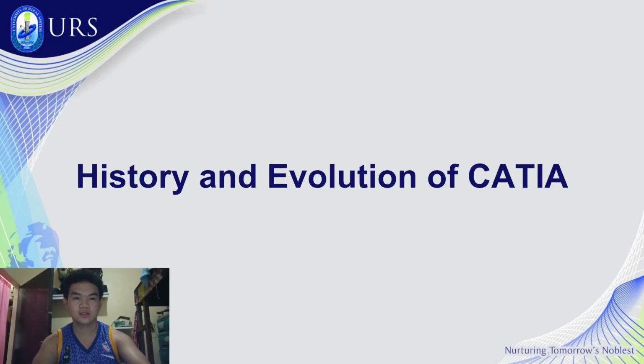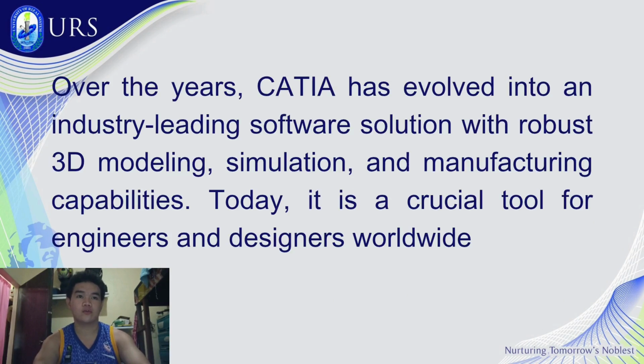Good day, everyone. Today I'll be sharing brief information about CATIA, specifically its history and evolution. One of the leading software tools in the field of engineering and design. So, what is CATIA? CATIA stands for Computer Aided Three-Dimensional Interactive Application.